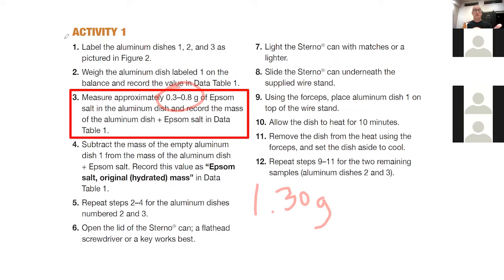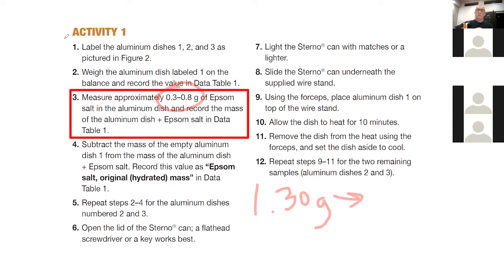Usually in this sort of situation, what we would do is weigh something on the dish and then tare it back to 0 and then weigh whatever we want. This time we're not going to be doing that, because at the end of the experiment, we're not going to be removing the anhydrous salt. It's still going to be in the pan. So we want to make sure that we get the mass of the pan plus the salt.